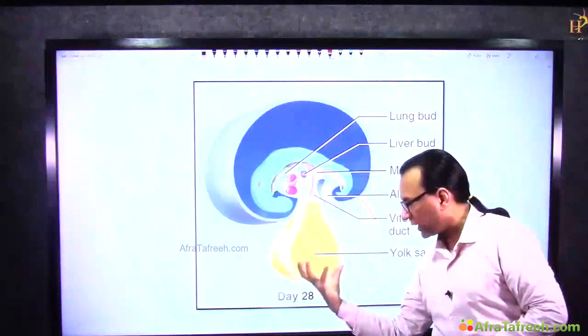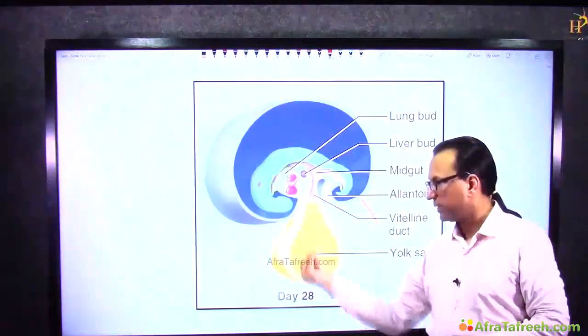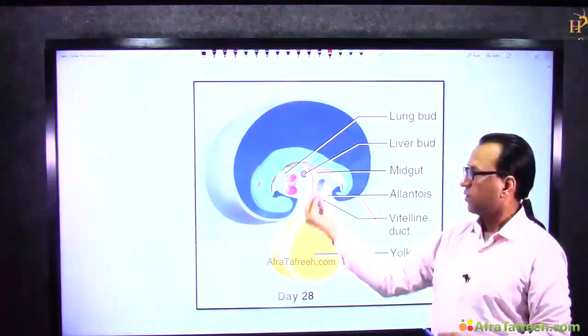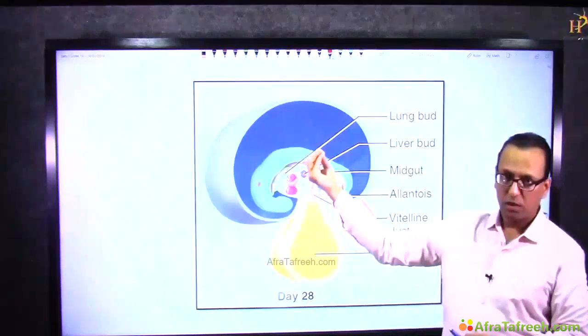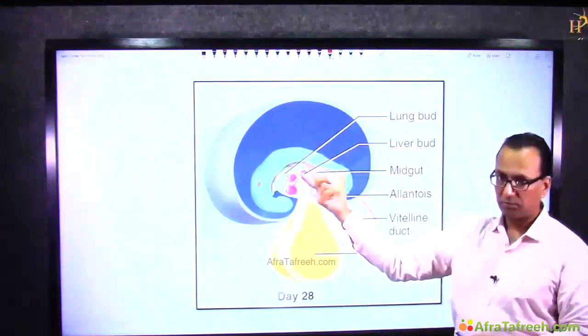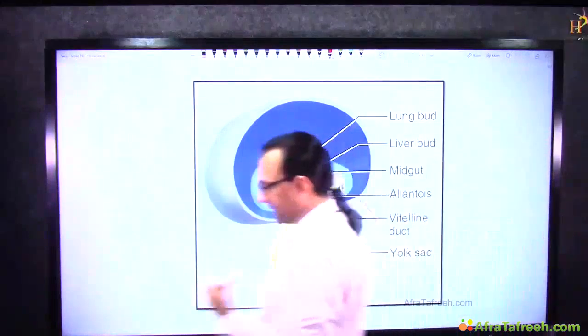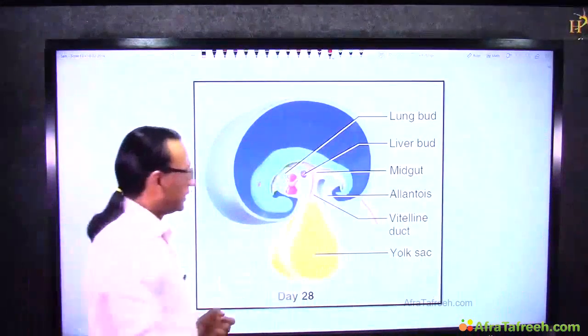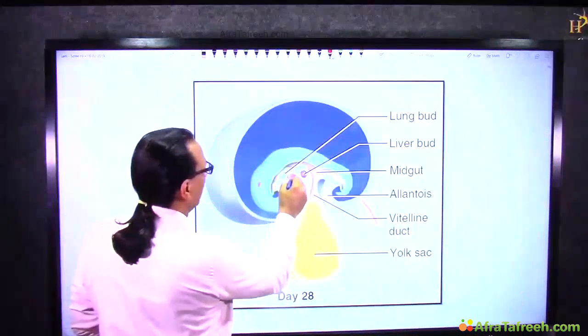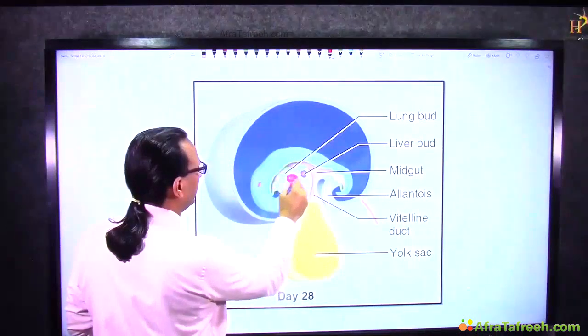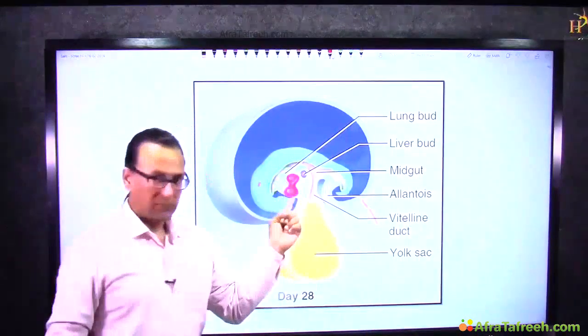And this yolk sac, which is going to form the gut tube, is being absorbed or taken into the body of the conceptus. Also, you will notice that there is a cardiovascular tube developing, and that cardiovascular tube which you see here would have come from the mesoderm.